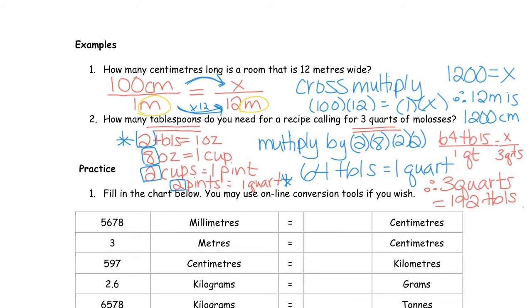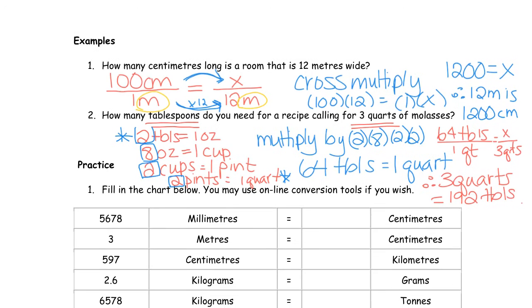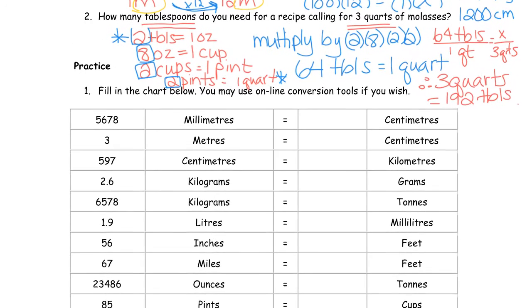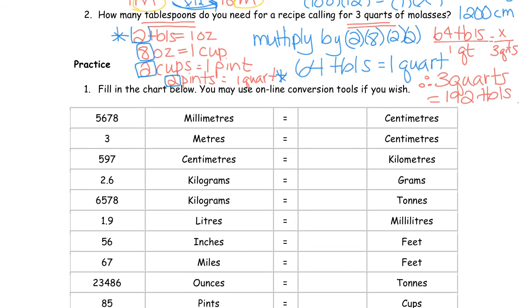Okay, so the rest of this sheet is actually practice. We're going to do the first one together though, and we're going to take a look at this because I want you to practice showing some work. So this first question here is converting millimeters into centimeters. Okay, so again, the first thing I need to do is see what the relationship is between millimeters and centimeters.